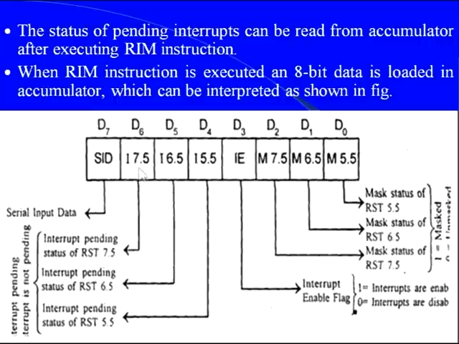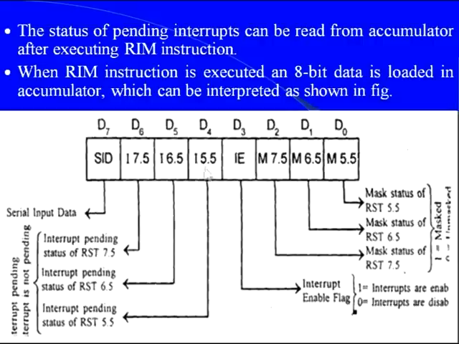Then the interrupt pending bits: I7.5, I6.5, I5.5. D6 tells the pending status of RST 7.5, D5 the pending status of 6.5, and D4 is for 5.5.